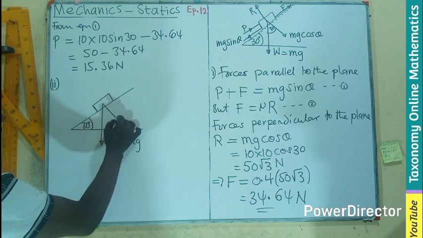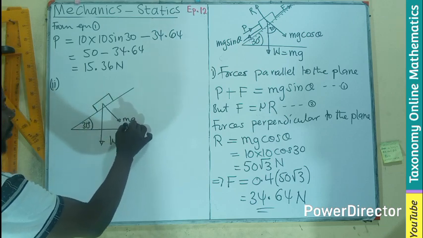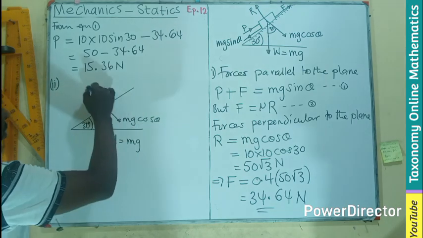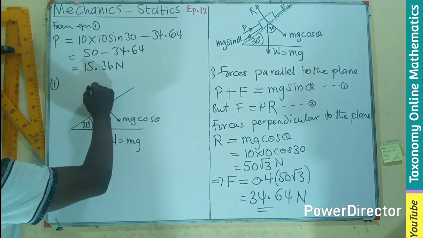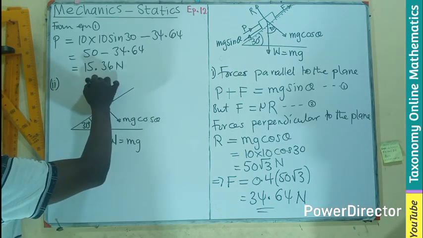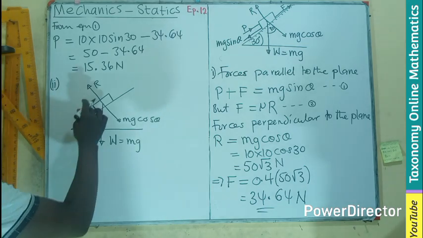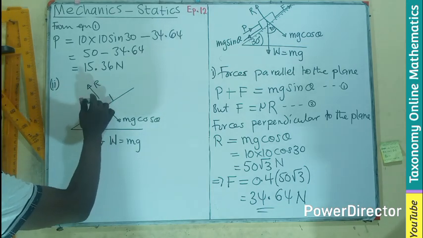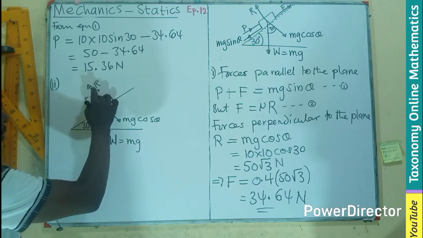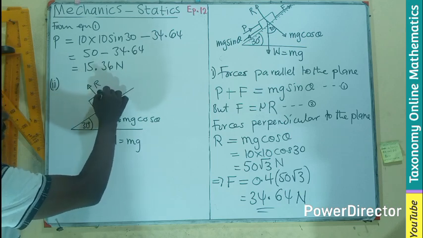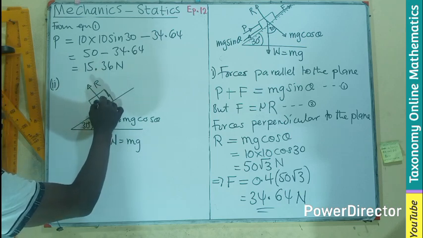We have this to be mg cos 30. The normal will also be here as this. Now remember, as the force is applied, let me increase this. So this is the normal.